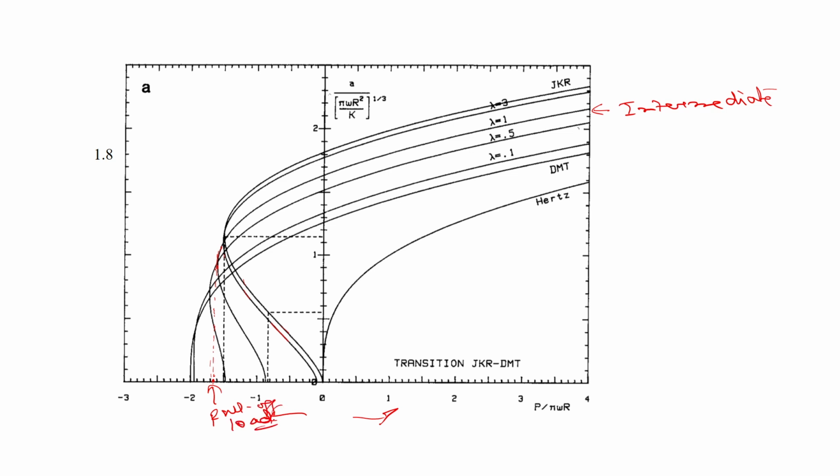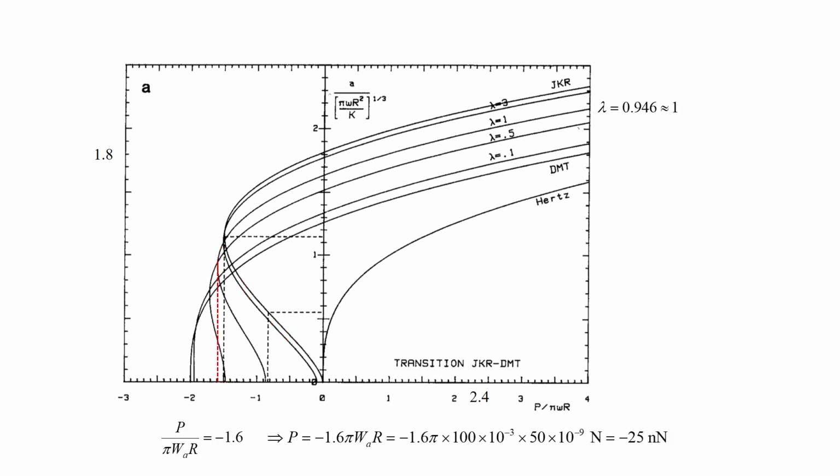This pull off load comes out to be close to minus 1.6. This is the dimensionless quantity, minus 1.6, and finally it comes to be 25 nanonewton. So, it is at about 25 nanonewton that this AFM tip will come out of this PDMS surface, that is what it means.